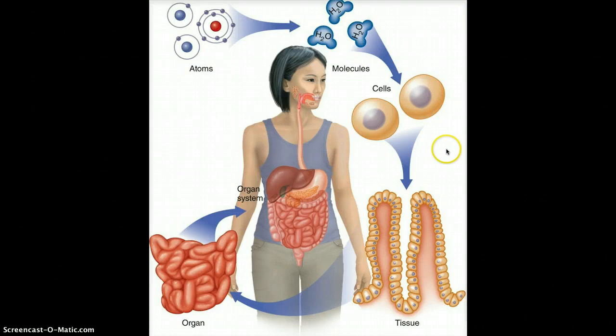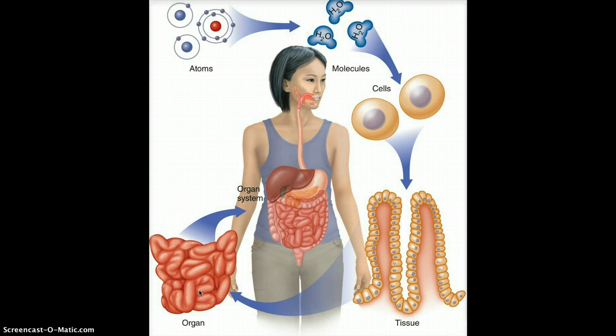Okay, so that's tissues. So then when we have two or more tissues working together to perform a specific function, that's called an organ. So you know some organs of your body, right? Your heart, your lungs, your intestine, small and large intestine, those are all organs. So those are two or more tissues working together.